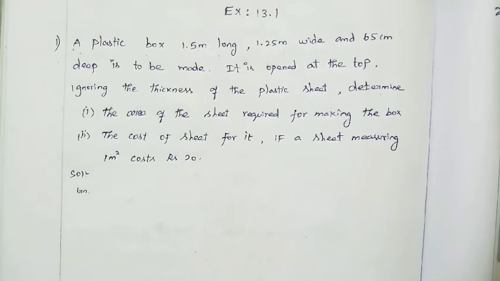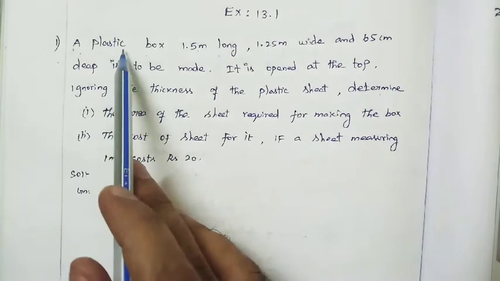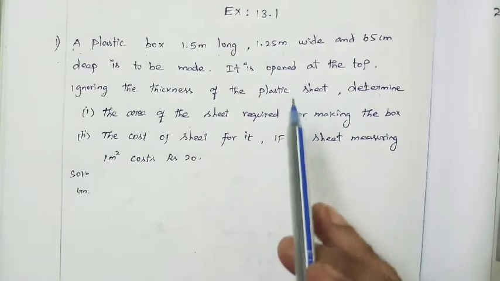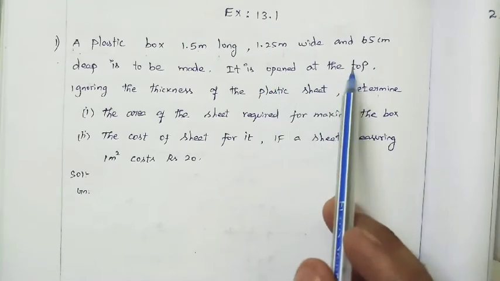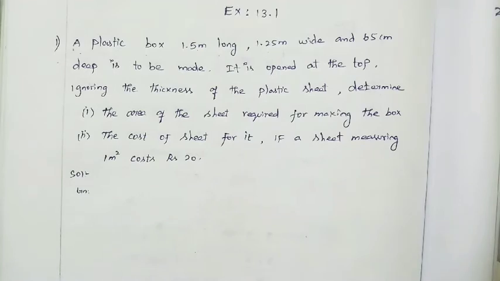So here, LSA, lateral surface area of a cuboid, or total surface area of a cuboid? We can't use either formula directly, because if we remove the top and bottom and only calculate the four sides, the four walls alone, that is LSA, lateral surface area.